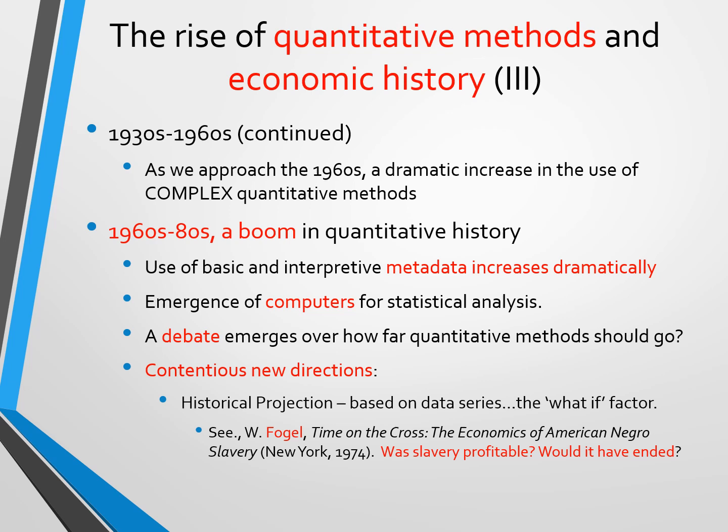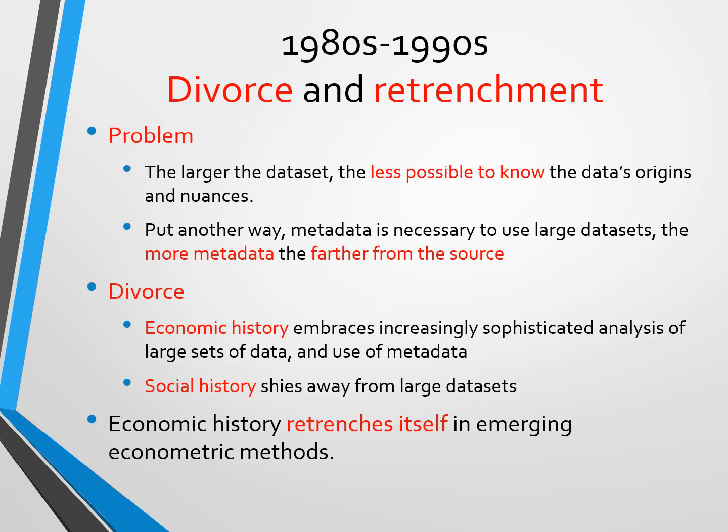It uses historical projection based on big data to say that the economics of American Negro slavery was such that slavery would have ended without a painful, violent, destructive civil war. Now, this kind of controversial use of historical projection, where you establish a trend and then ask questions like, what would have happened if we didn't have the First World War?